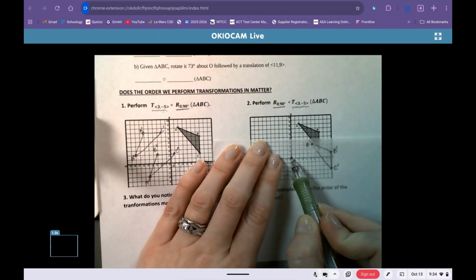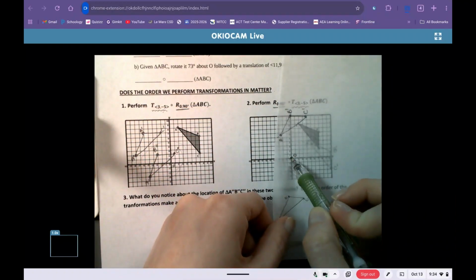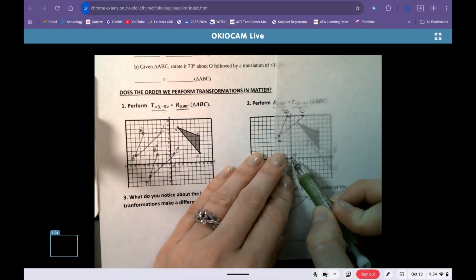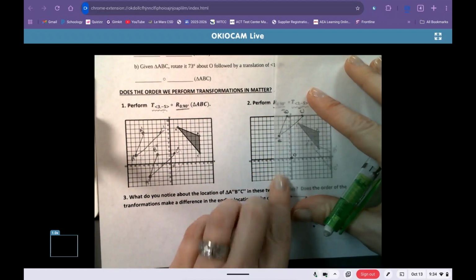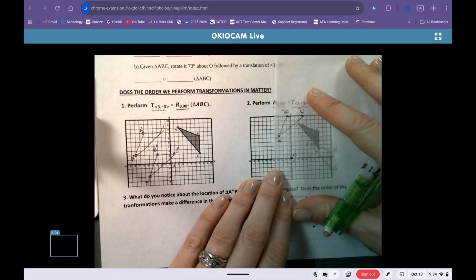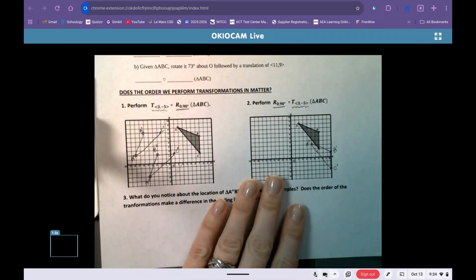So everything's the same as what we did. I'm going to put my pencil here. I'm going to turn it to the left one time. And my rotation should end up here in this area. Okay, and then you're going to copy those points down too. Did everyone get their triangle to go up there? Yeah. Okay, so now I'm going to copy those down.